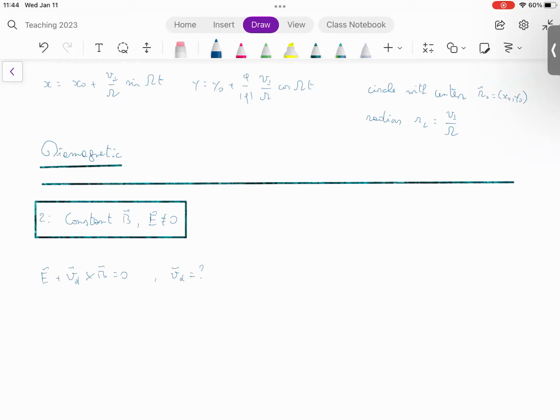But if I can do that, then I will see that my total velocity for the particle is going to be given by this V sub D, which is going to be what is called the drift velocity, plus I'll call it V sub L, the Larmor gyration that we calculated before.